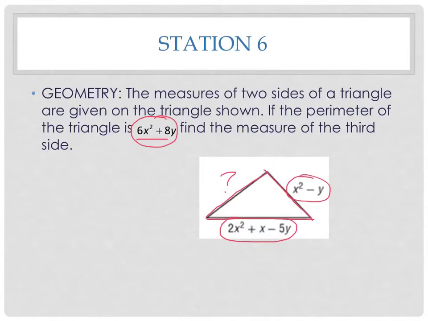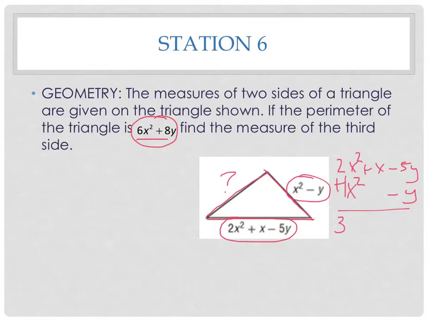So the first thing I'm going to do is add the two sides of the triangle, 2x squared plus x minus 5y, and here I'm going to take x squared minus y. So I can add those together first.